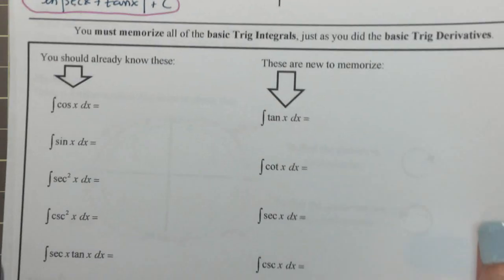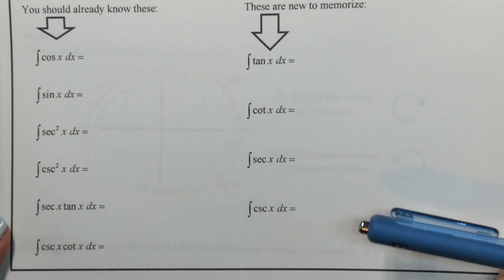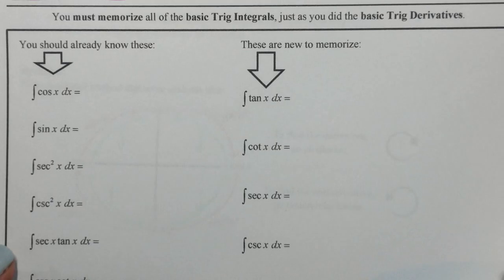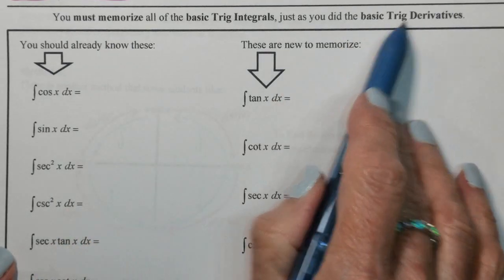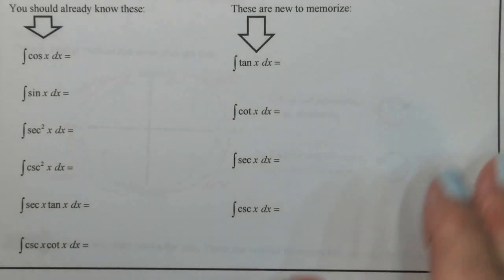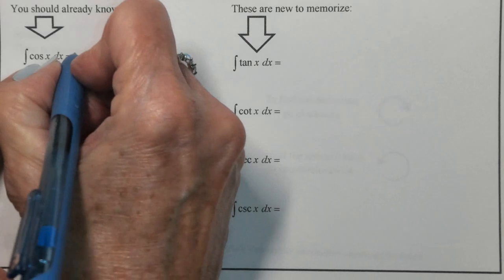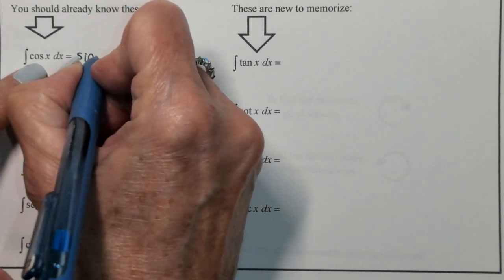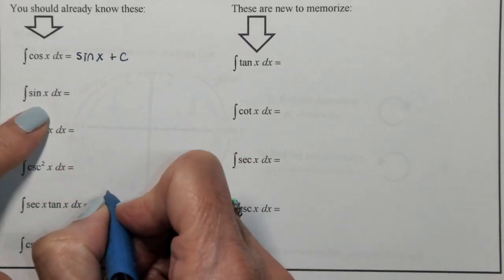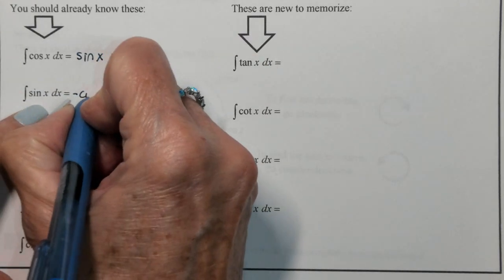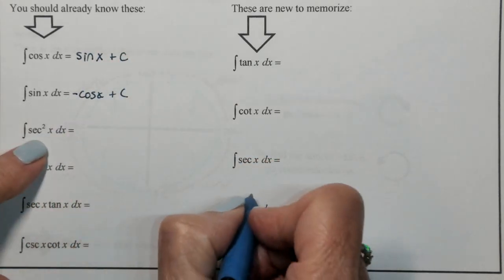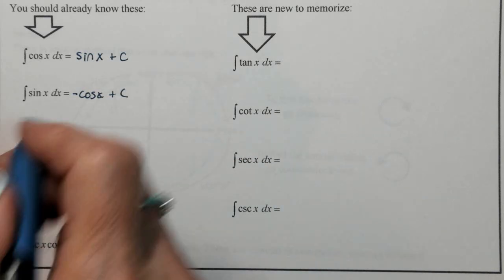So, let's recap all of the ones that we need to have memorized here. You must memorize all of these, just as you did the 6 basic trig derivatives. So what is the antiderivative of cosine? Integrating cosine, keep the sign, write sine. Antiderivative of sine is negative cosine. What function's derivative is secant squared x?